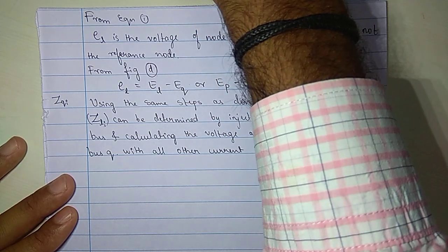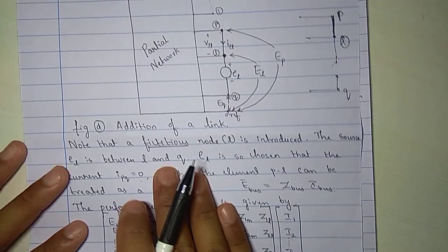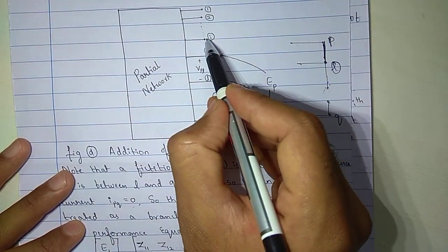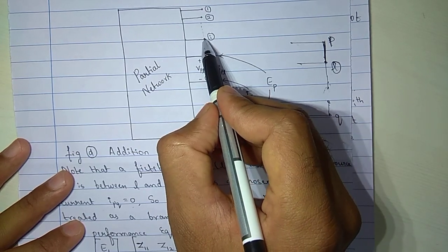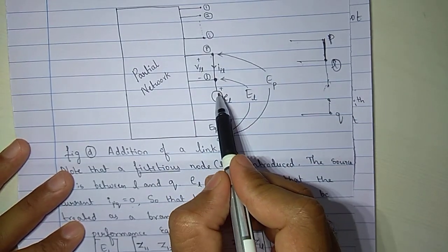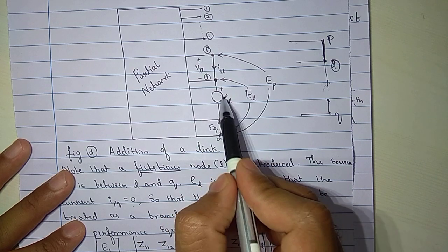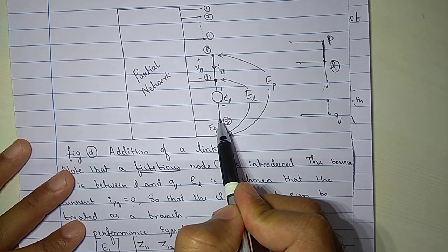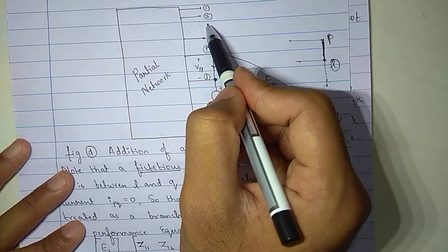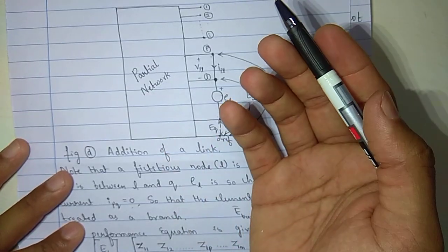They are telling that only at this particular ith node they are injecting a current, and EL is calculated as the voltage at the lth node with respect to Q, and at other nodes the current injection is set to 0.